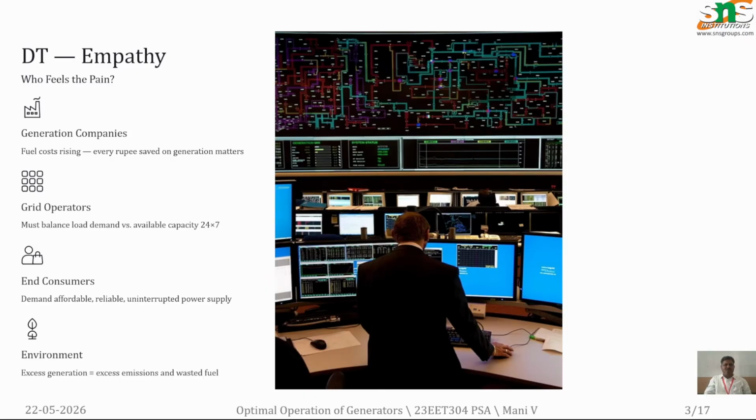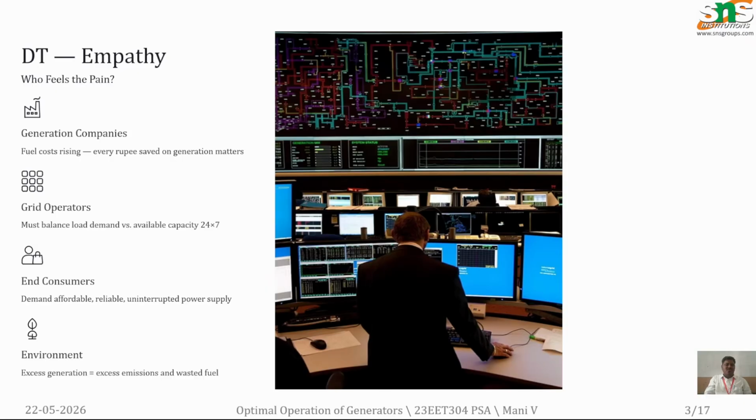Before proceeding to the optimal operation of generators, we have to list the companies which are generating electricity, because the fuel cost is rising day by day and every rupee we can save on generation matters. The grid operators must balance the demand and the generation across 24/7.